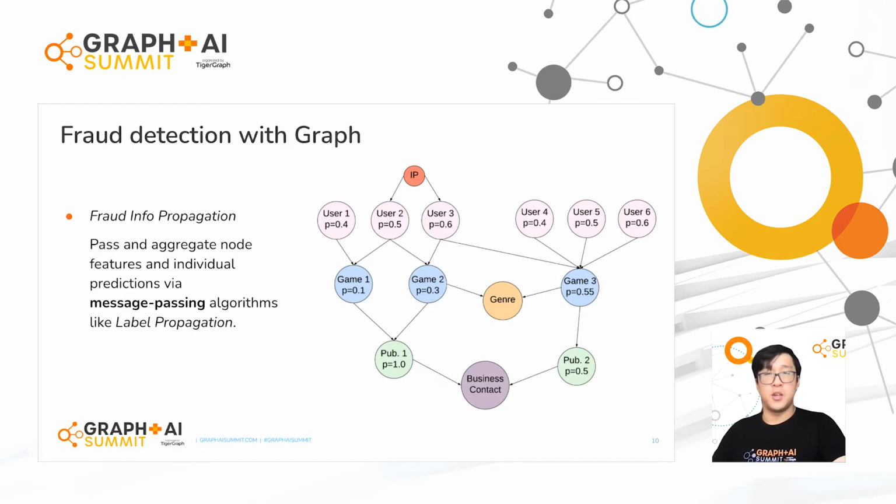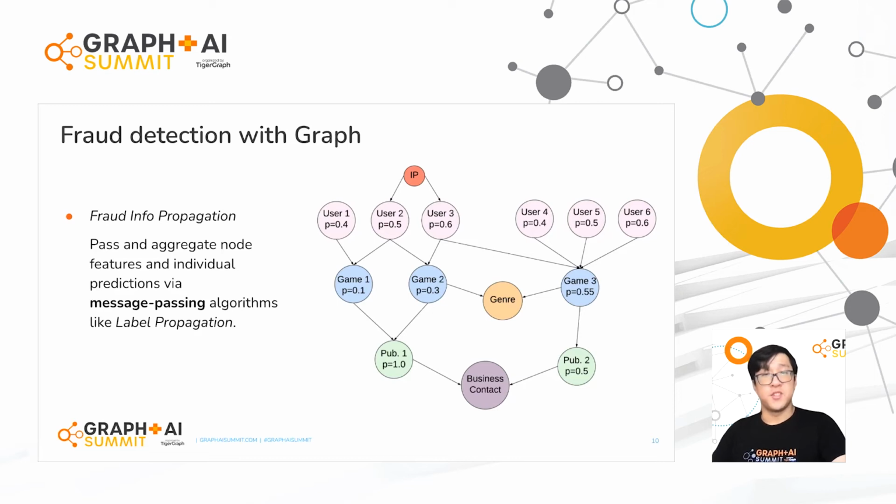And now, how do we combine that information and give a comprehensive view of the fraud possibility of each entity? One way is to pass and aggregate the node features and their individual predictions via message passing algorithms, for example, label propagation.